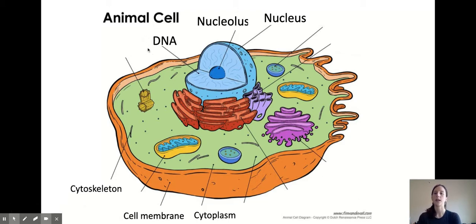So DNA, we're going to get more in depth with what DNA is later, but for now I want you guys to think of it as like the blueprint for you. Sometimes I think of it as having recipes on it. Those recipes we call genes, and those recipes are for proteins in your body.